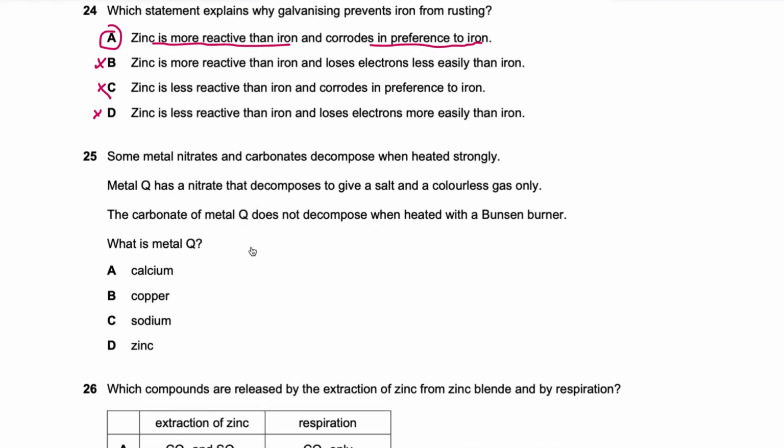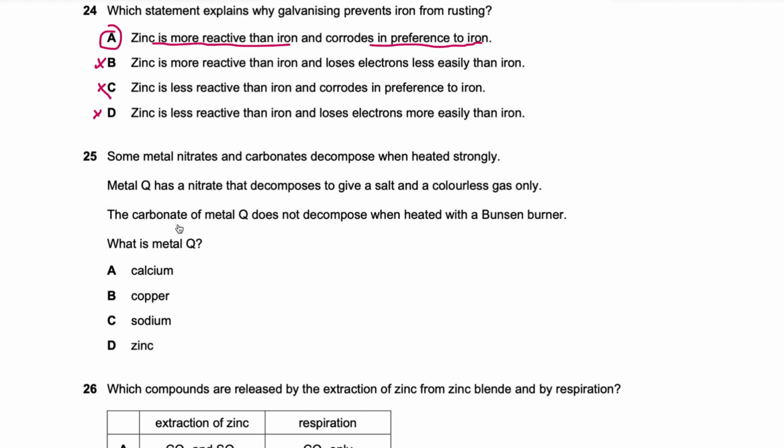Question 25. Now some metal nitrates and carbonates decompose when heated strongly. Metal Q has a nitrate that decomposes to give a salt and a colorless gas only.